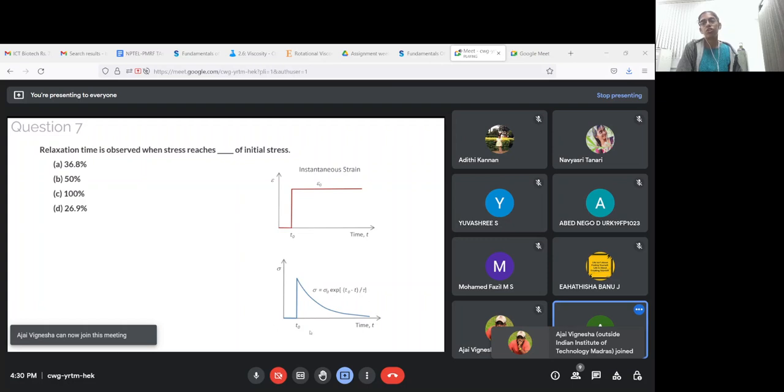In this case, let's assume t naught is equal to 0 seconds, so it will be exponent of minus t by tau. Here sigma naught is the amplitude, that is the initial stress, the immediate stress that it underwent, t is the time at any point of your experiment, and tau is known as the relaxation time. So when your t is equal to tau, what is your equation turning into? Let's say t naught is 0 and t is equal to tau. How much is sigma equal to?